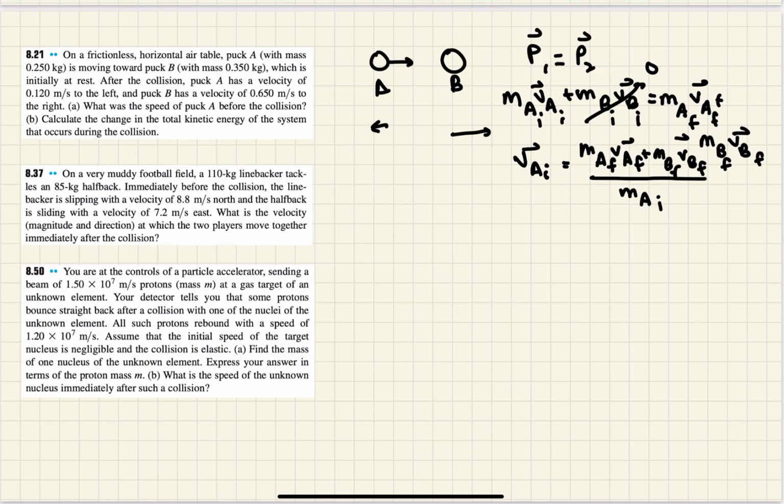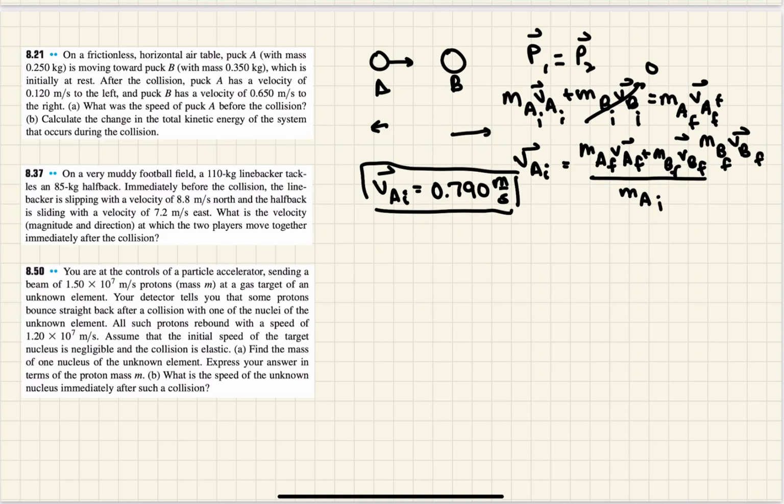MAF and MAI are the same thing. We know MBF. That's just the masses. VAF and VBF, they give it to us. So we just plug in all of those values, and we're going to get a VAI of 0.790 meters per second. And that kind of makes sense. You can just make sure that the answer is in the realm of possibility. Otherwise, you probably did something wrong.